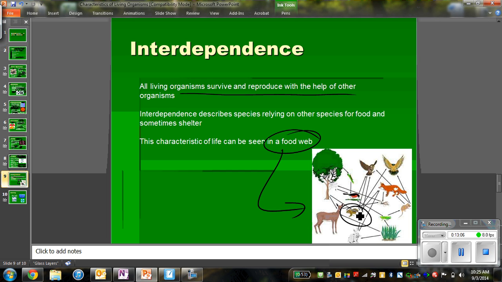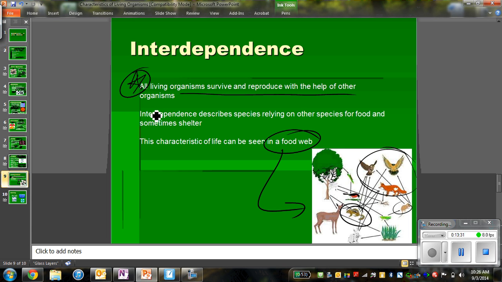So not only is the squirrel relying on the oak tree, but the top predators here, the foxes and the other raptor birds, those are relying on the squirrel for food, or the bunny, or the shrew, or the mouse. All of those organisms are food. So the main takeaway from here is organisms survive and reproduce with the help of each other.